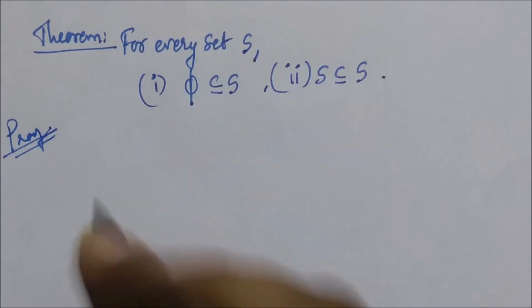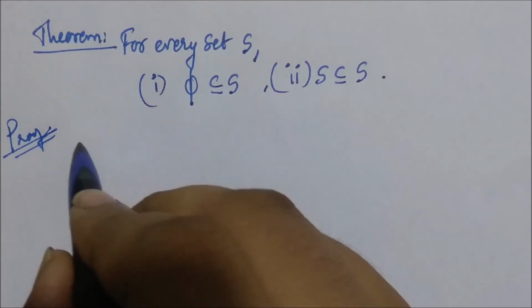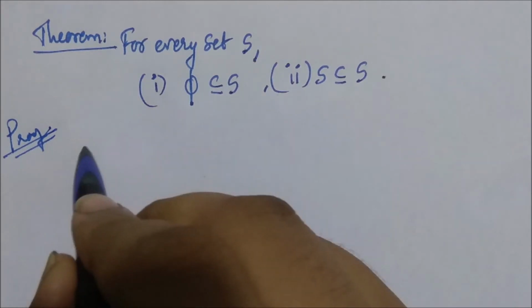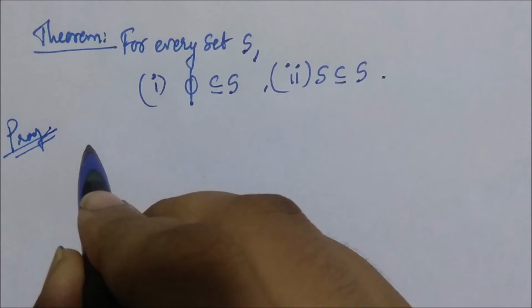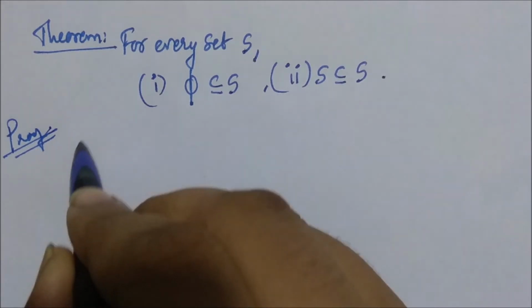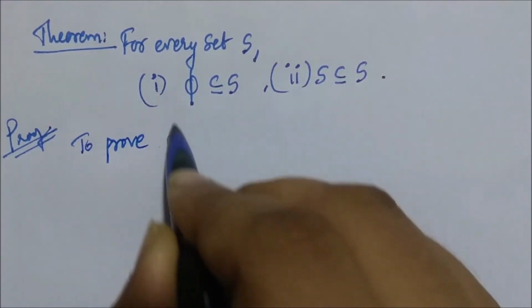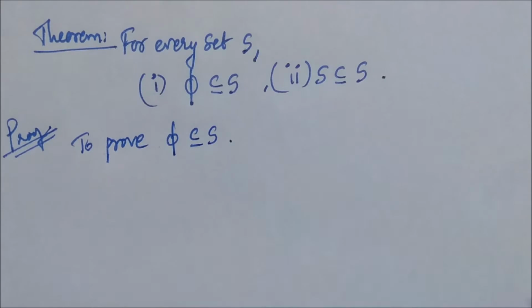We call A a subset of B if and only if every element of A is also an element of B. Now we want to prove why the empty set is a subset of set S and why the entire set itself is a subset of that set. Now let's see.